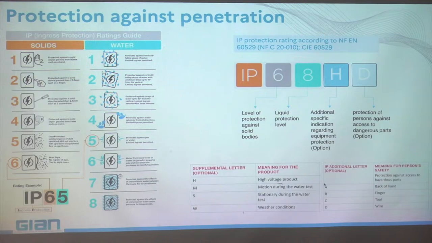That means today in Europe and US and other countries, and most probably here could be a nice thing to impose, you need at least IP65 for street lighting. The other letters here, they are more difficult to find, and you have the significance here. I will not go into the details, but everything is given in the standards.